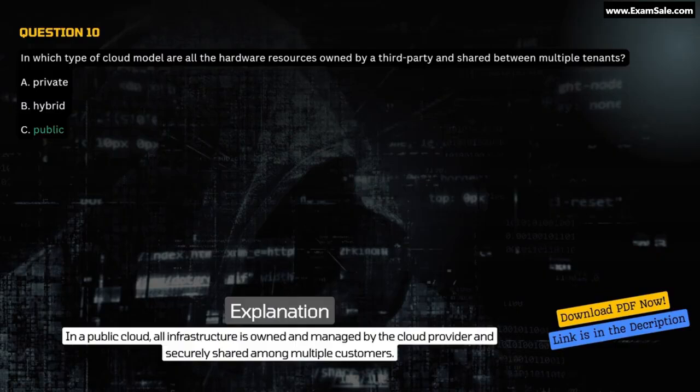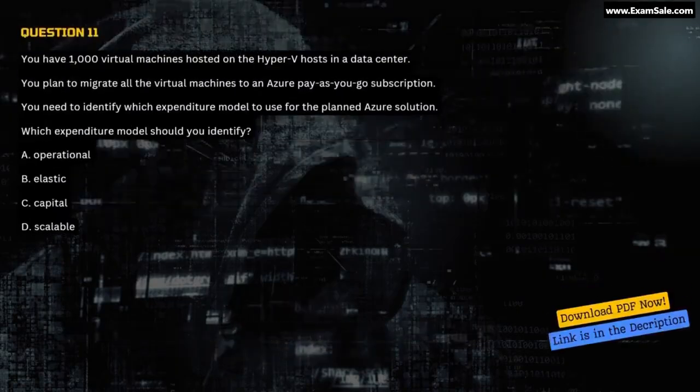Question 11. You have 1,000 virtual machines hosted on the Hyper-V hosts in a data center. You plan to migrate all the virtual machines to an Azure pay-as-you-go subscription. You need to identify which expenditure model to use for the planned Azure solution. Which expenditure model should you identify?